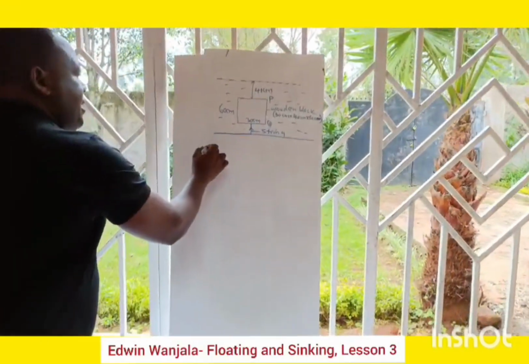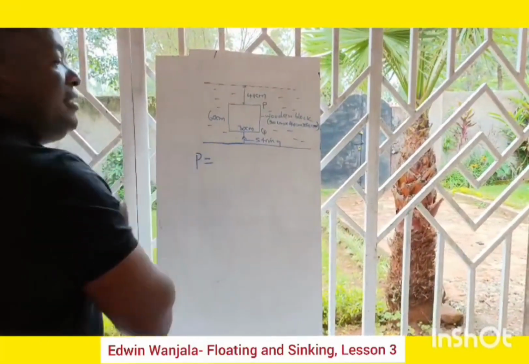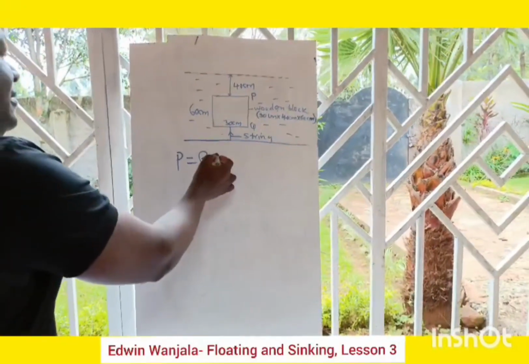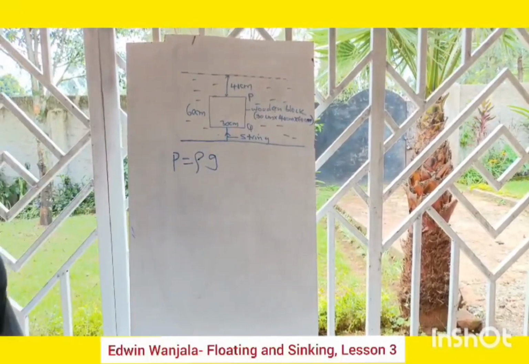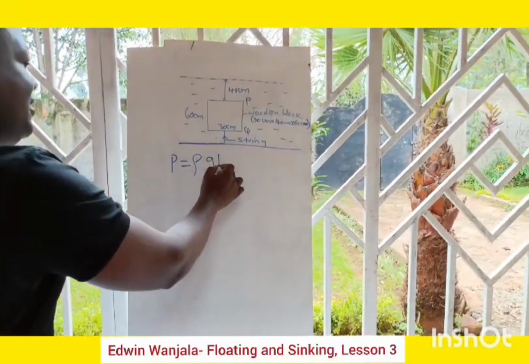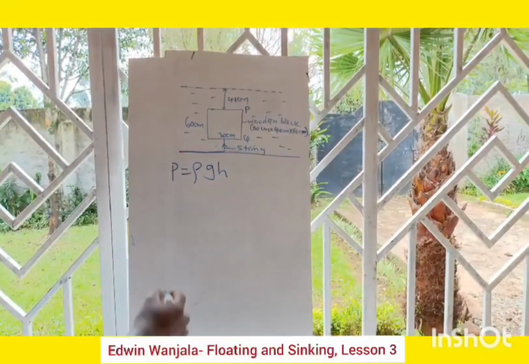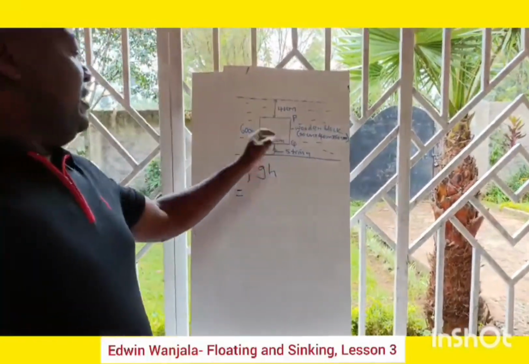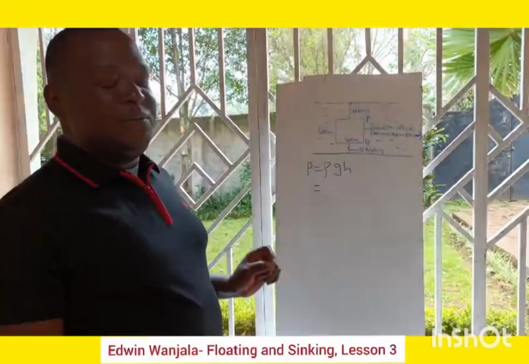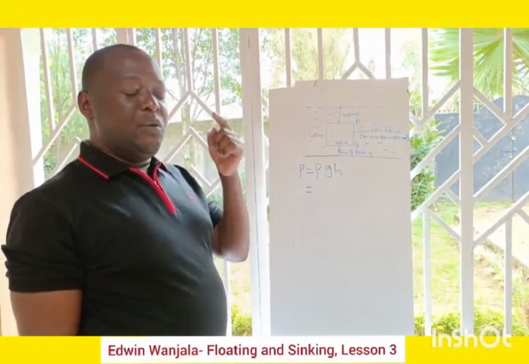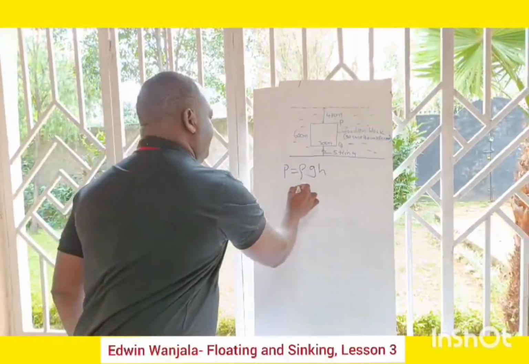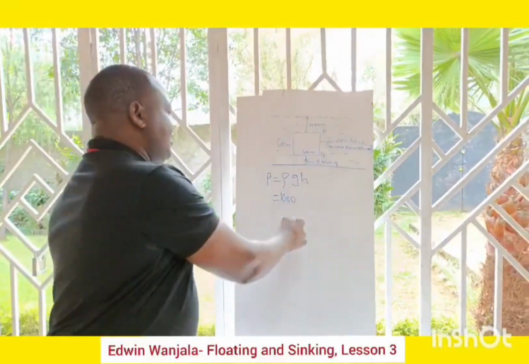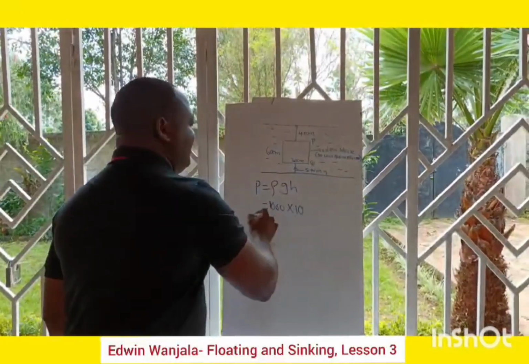Now we know that pressure in liquids is given by density times the acceleration due to gravity times the depth. Now the density of the liquid, in this case water, has been given as 1000 kilograms per cubic meter, and acceleration due to gravity is 10.